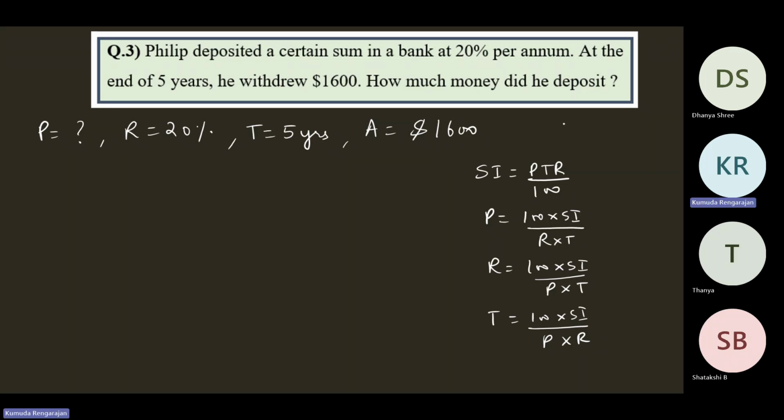Supposing you use any one of these formulae, but there is no value for P and there is no value for simple interest also, then there's no point using that formula, because in one equation, if you have two unknowns, you cannot find anything.